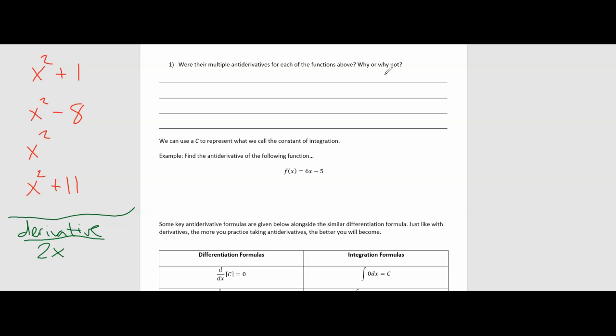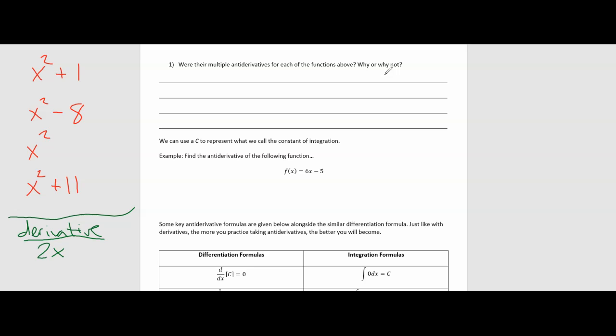So when we're taking an antiderivative, we just use a c value, and we call that the constant of integration. That means that we understand that there are multiple antiderivatives, and we're just going to use that c to represent any of the possible constants.